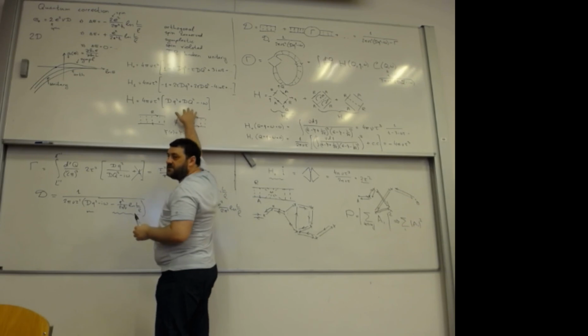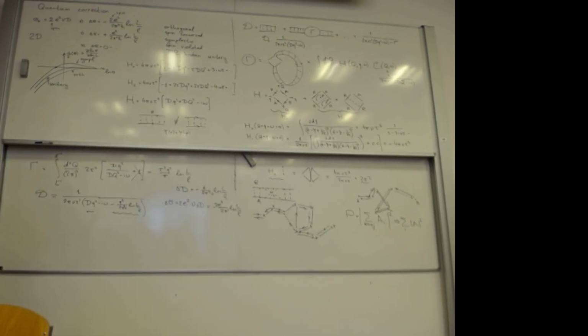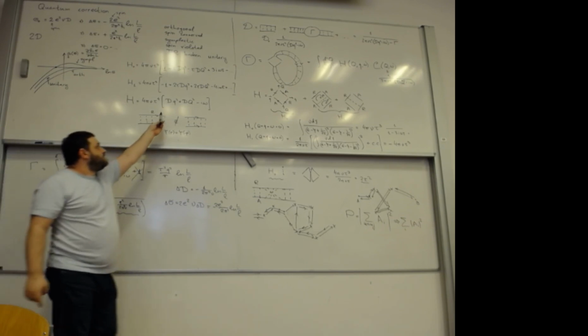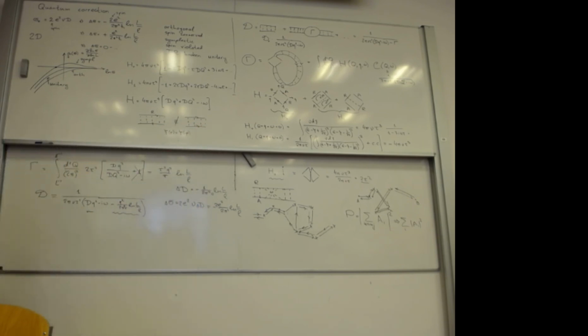For example, this is the interaction of diffuson and Cooperon. Just one diffuson and one Cooperon come together, interact, go out. This is the amplitude of the interaction. It depends on momentum and frequency. And this is just the simplest diagram.